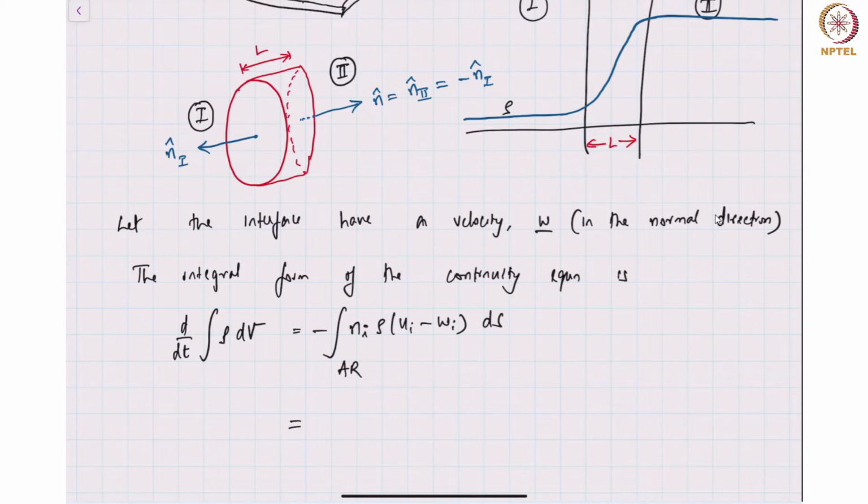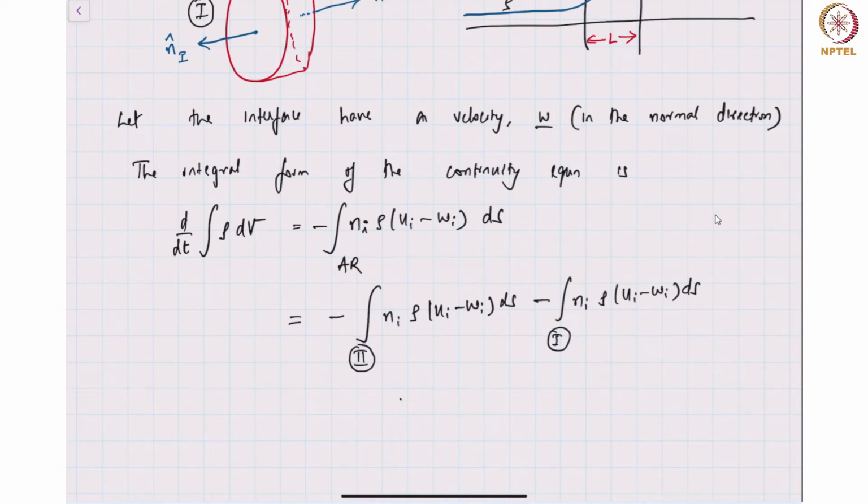Let me start by writing down for region 2: n_i rho (u_i minus w_i) dS. Then over region 1: n_i rho (u_i minus w_i) dS. And then I have minus the integral of n_i rho (u_i minus w_i) dS over the curved surface.